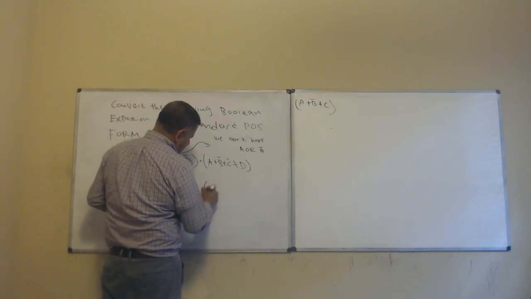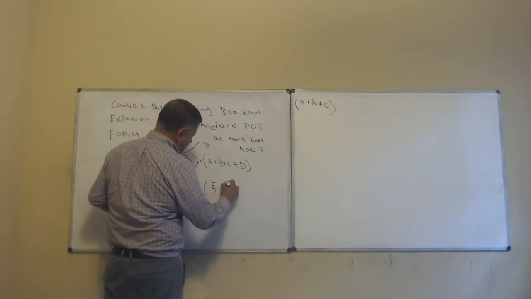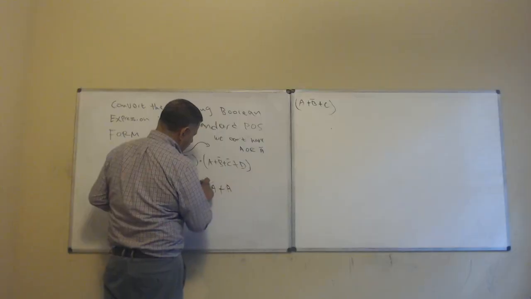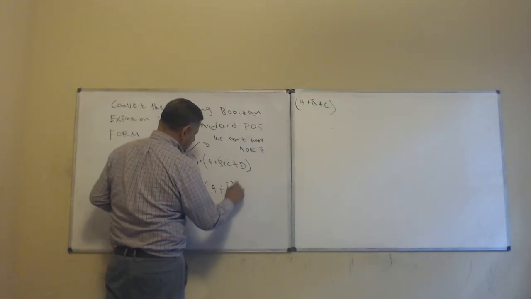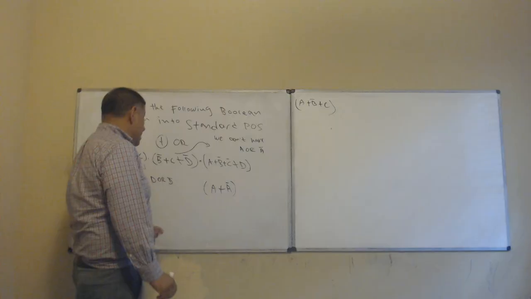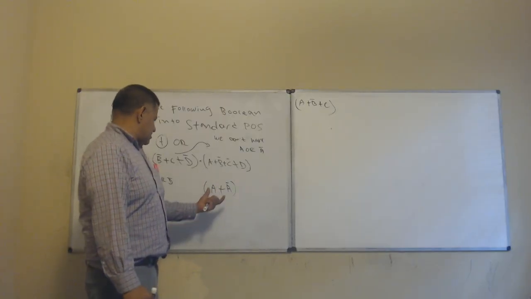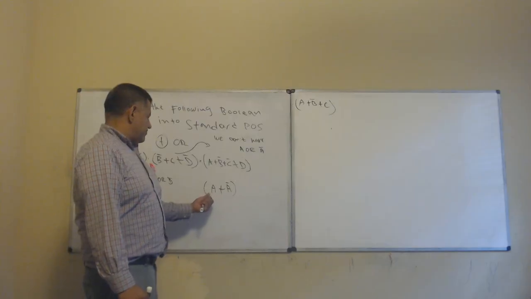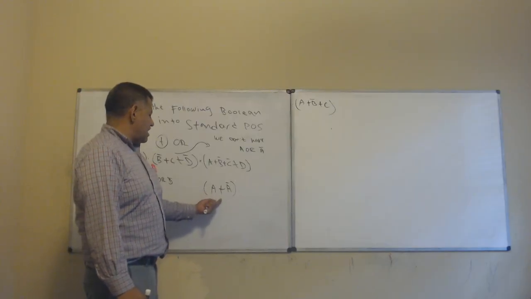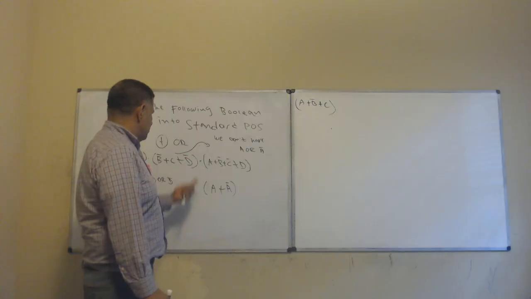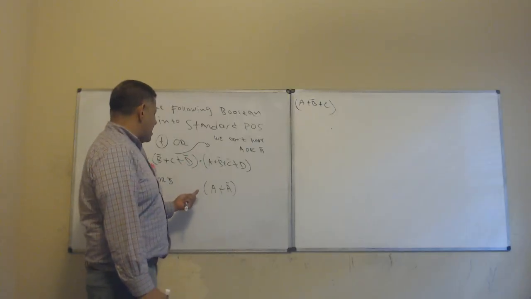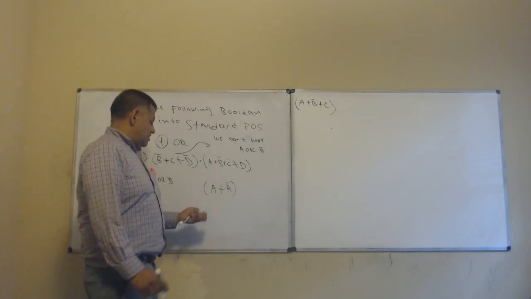We did A plus, or A and not A, right? We did something like that. Why? Because we were doing sum of products, right? Now we're doing product of sums.